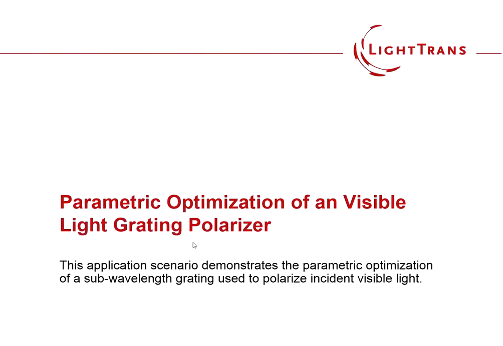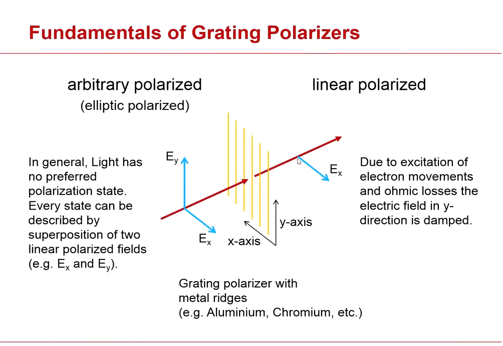So the last part, the last example will be now the parametric optimization of an invisible light creating polarizer. Yes, so in this example, we consider the optimization of a grating, and the purpose is to really polarize incident light, which is, let's say, elliptically polarized.